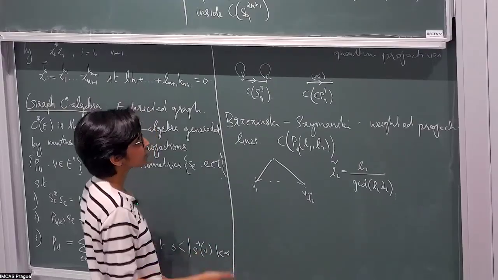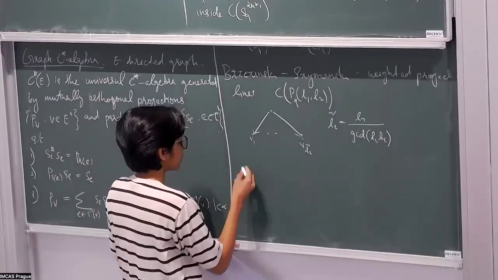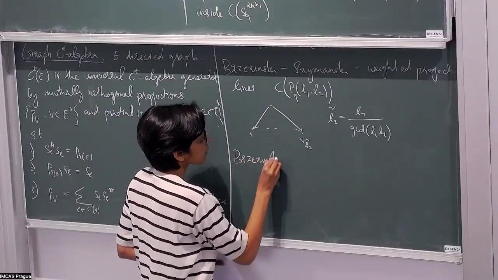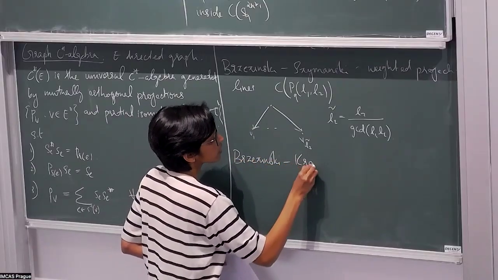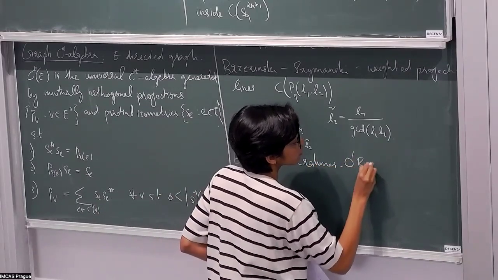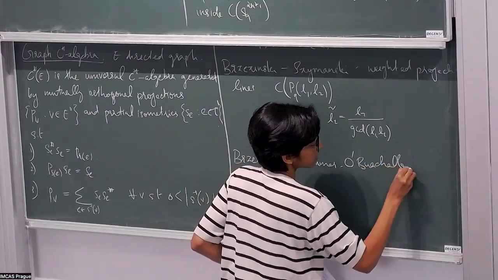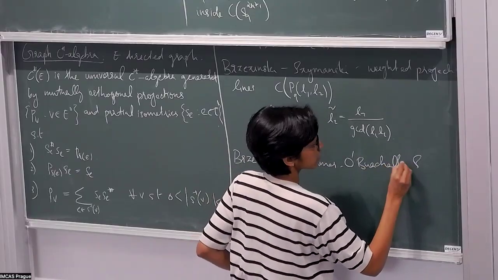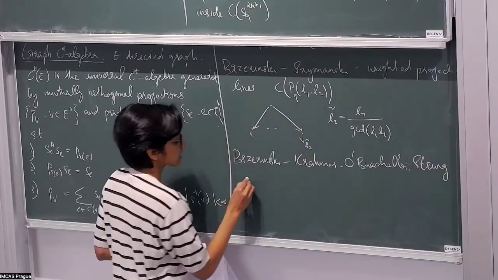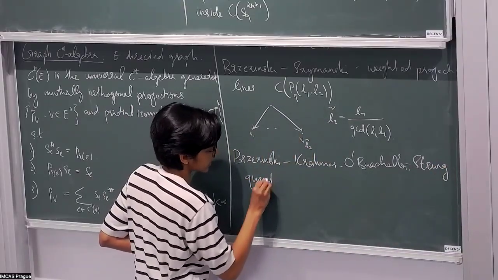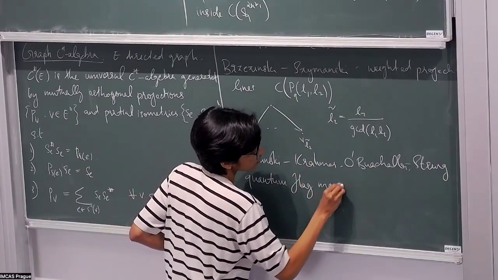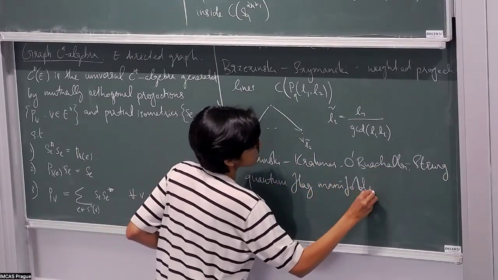And more relevant to us is the work of Brzezinski, Kramer, and Strong. They realized quantum flat manifolds as graph C-star algebras.